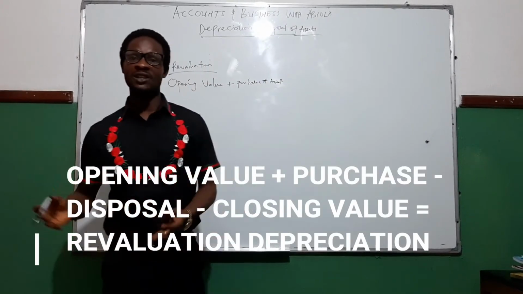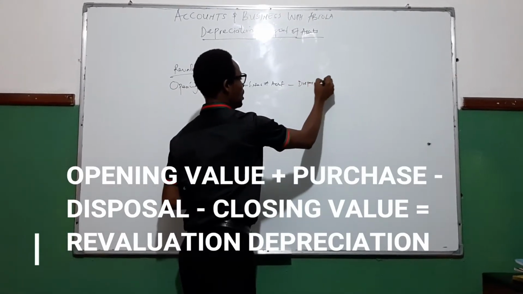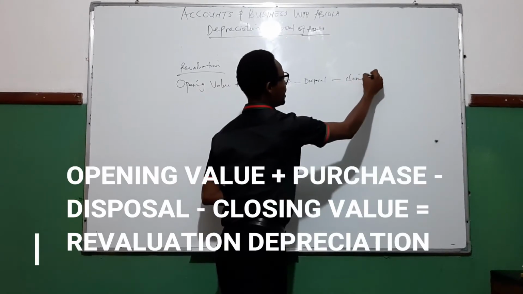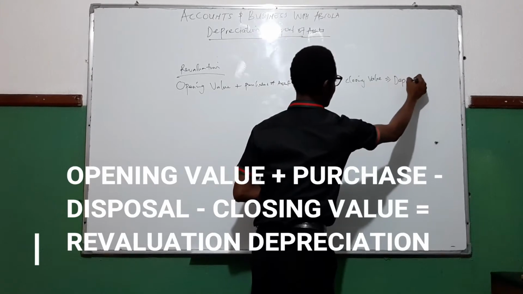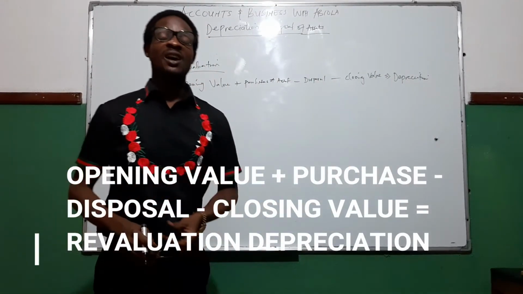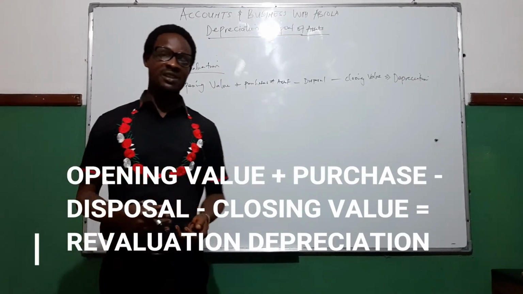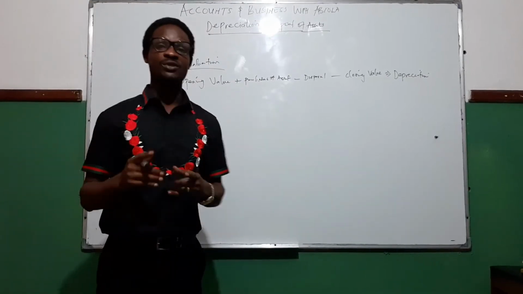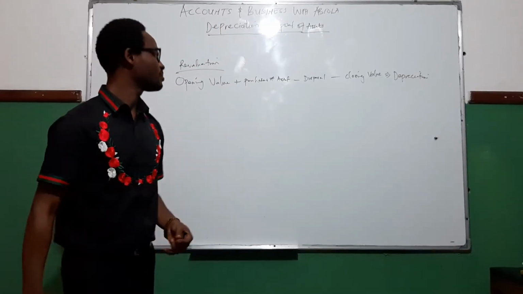If there were disposal during the year, we deduct. Then we deduct the closing value. That is how to get depreciation using revaluation method. It's that easy. The issue with revaluation is just that you need experts, financial experts or external evaluators, to show the values or the worth of the asset at the beginning and at the end.